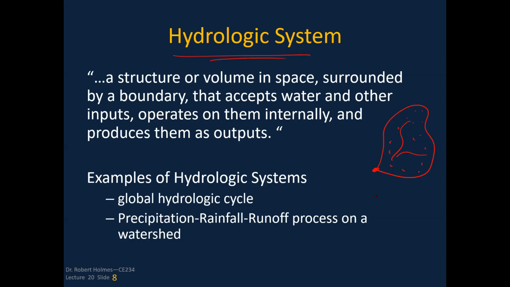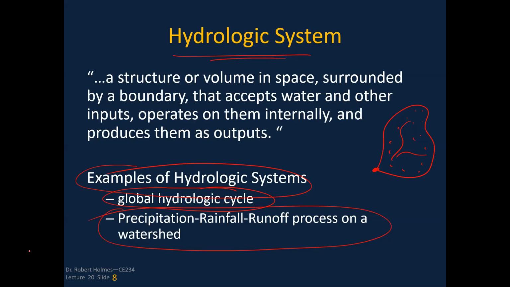When we talk about a hydrologic system, we're talking about infiltration and the groundwater component, as it fluxes out through the soil down into the deeper groundwater system, and or runs off on the hill slopes and down into the tributary streams. Examples of hydrologic systems are the global hydrologic cycle, which we've talked about, and the precipitation rainfall runoff process in a watershed.